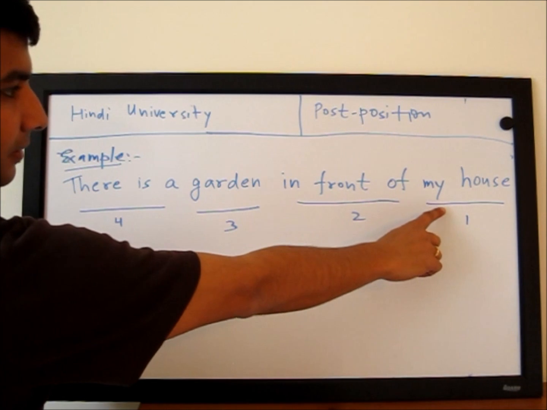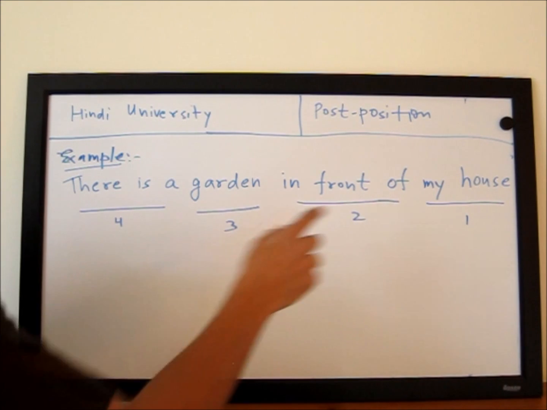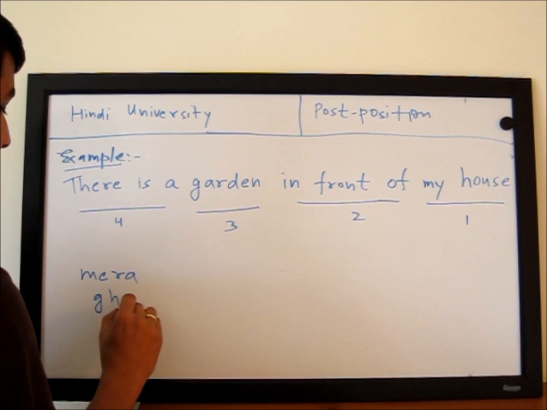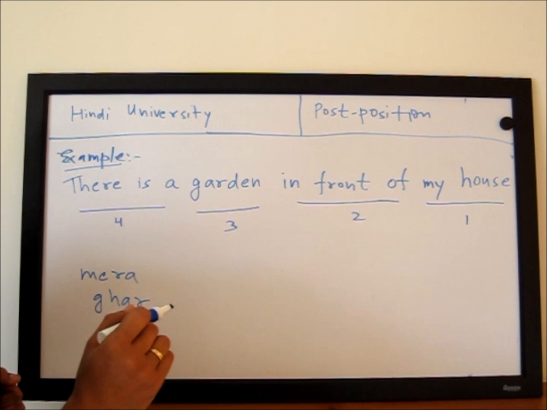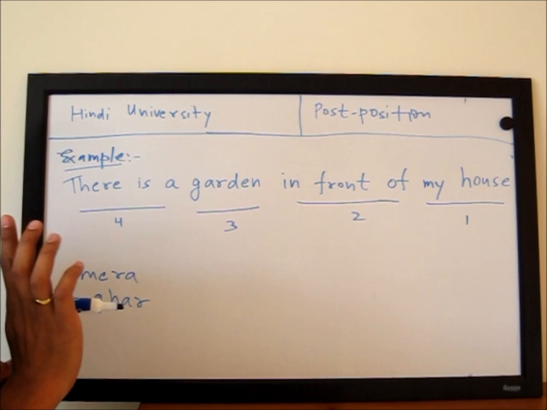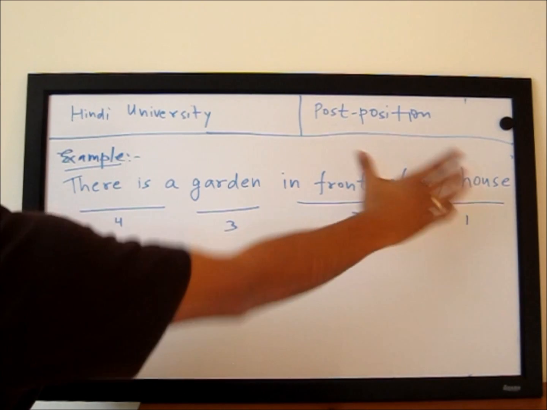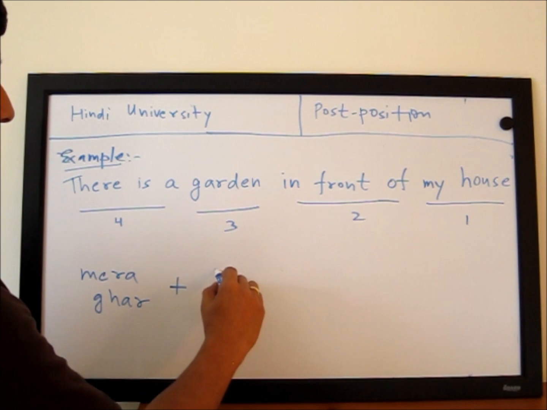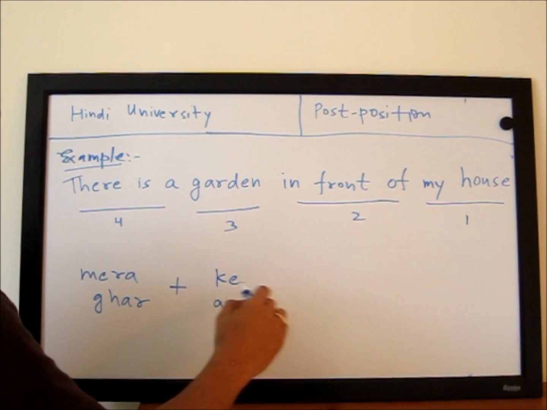My house, if you remember from previous classes, in Hindi would be mera घर. My bike, meri bike. My brother, mera bhai. My parents, mere parents. Remember, we used mera, meri, and mere. In front of is ke aage.